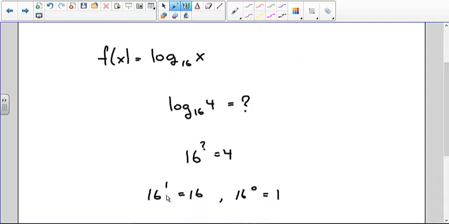So what you can do is think about just trying some values here, see what you get. 16 raised to the first power is 16. 16 raised to the 0 power is 1. So 4 is between 1 and 16, so it's somewhere between 0 and 1. So it's probably some kind of fraction.